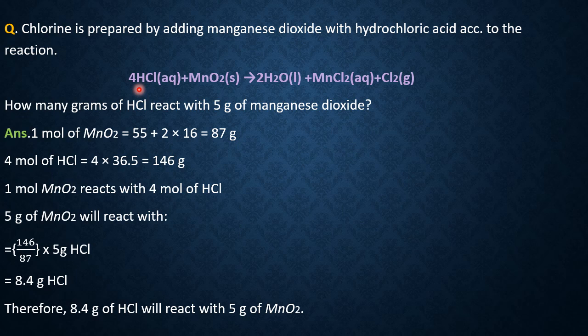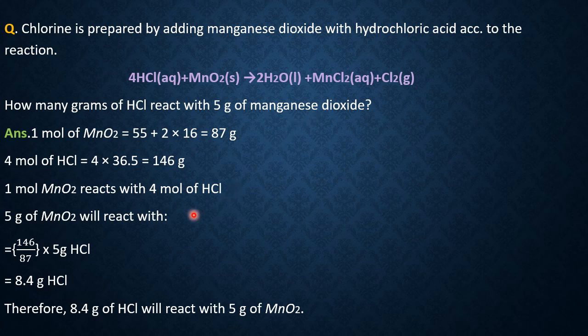Now 1 MnO2, no need to calculate here actually. What is the question here? How many grams of HCl react with 5 gram of manganese dioxide? What is the MnO2 mass here? Mn and O2, that gives you 87. Okay.